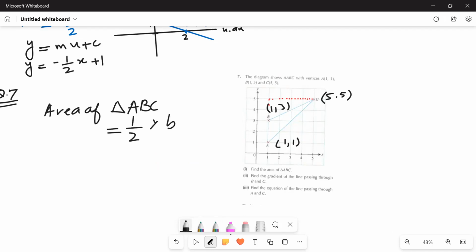Okay. What is the base here? We will consider this as the base, and this one is the height. Yes, base is 2 and height is how many units?